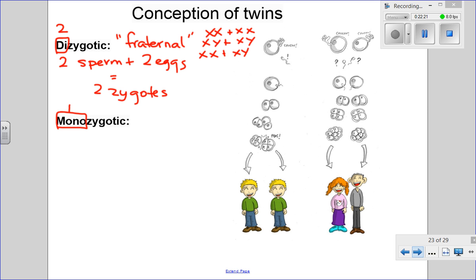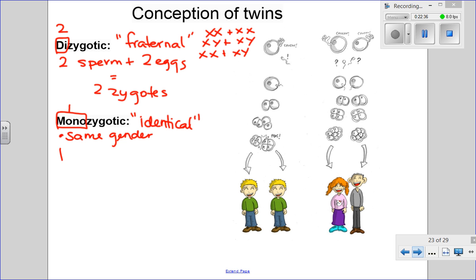Monozygotic twins are the ones that we would call identical. They have to be the same gender because they have identical DNA.